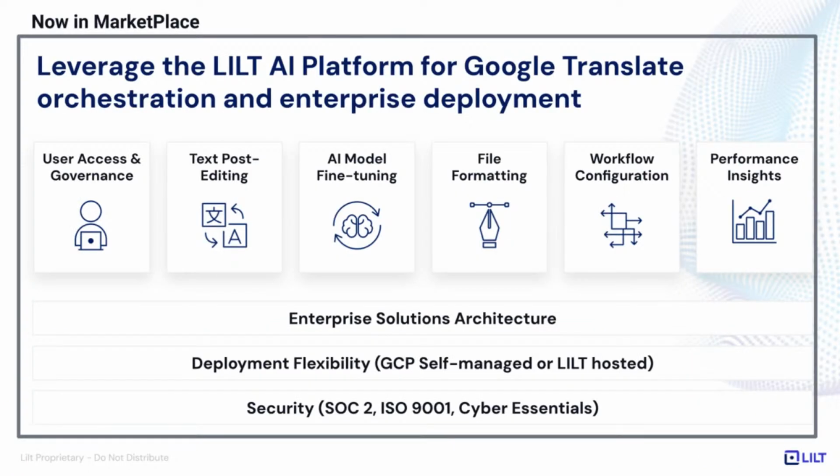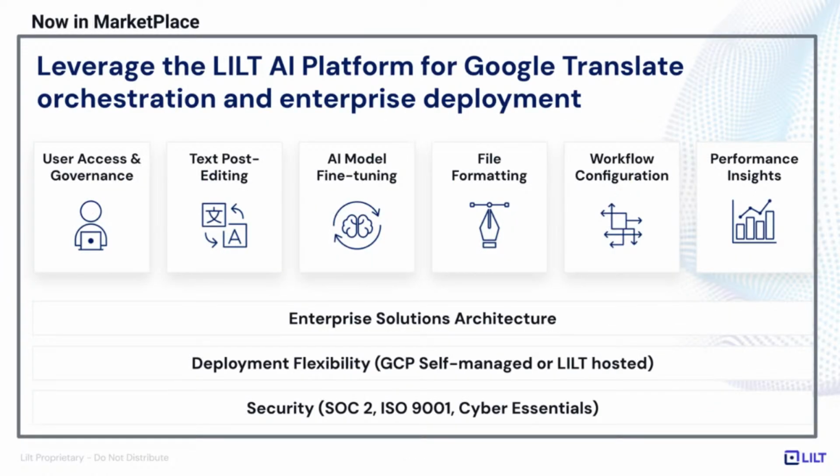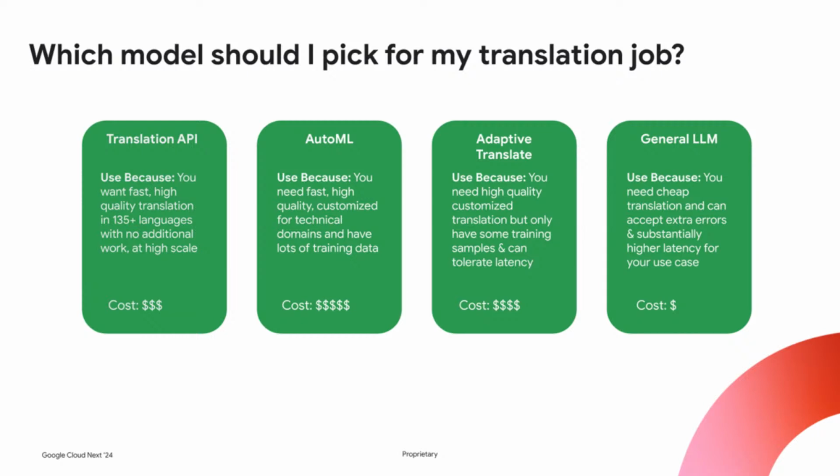Additionally, we like to work with partners. So a lot of integrations are necessary for handling as many of your use cases as possible or having human review. And so we have offerings like Lilt and Smartling that are coming into marketplace. Lilt is already there.